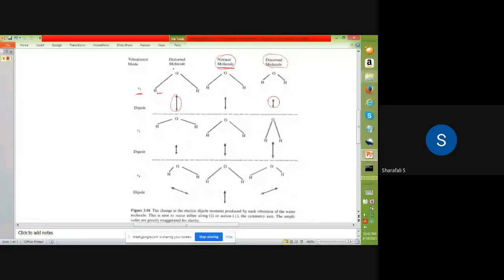If you are considering this oxygen, there will be two pairs of unpaired electrons, like these are lone pairs. So this electron and hydrogen charge. One electron will be shared, so that electron we have to consider.